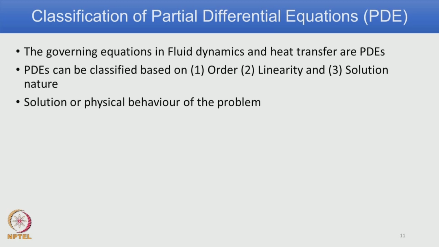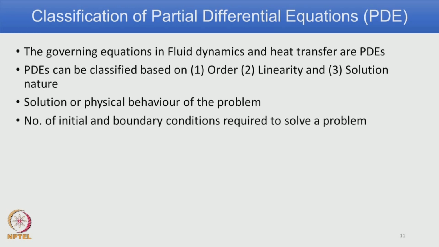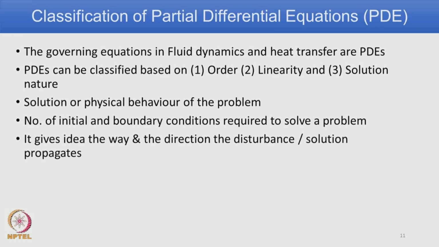Particularly here we are going to talk about classification of PDE based on how the solution behaves. That is necessary to know, because that will also decide what kind of initial and boundary conditions are required before getting into the solution of the equations. And it gives the idea of the way or the direction in which the disturbance or solution propagates.